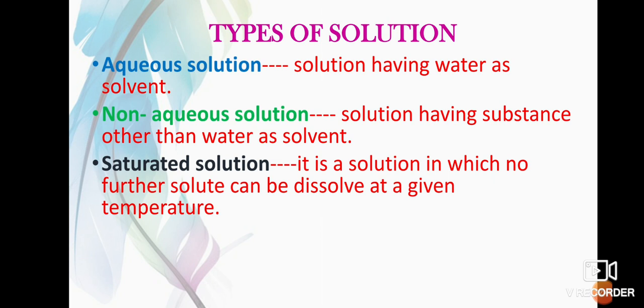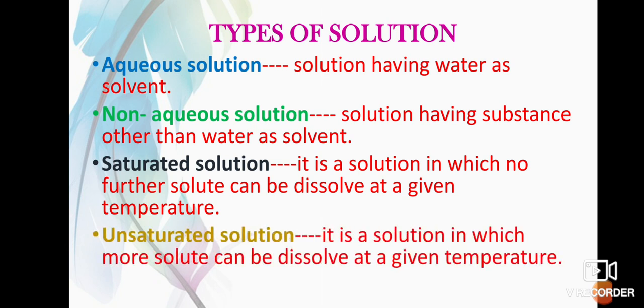It is a solution in which no further solute can be dissolved at a given temperature. Means no more solute can be added to the solution. Okay, then unsaturated solution, it is a solution in which more solute can be dissolved at a given temperature.